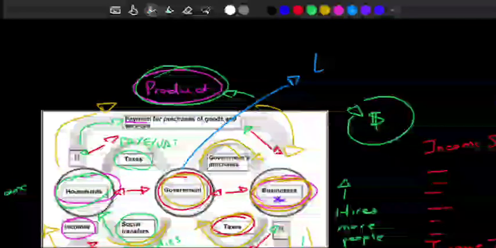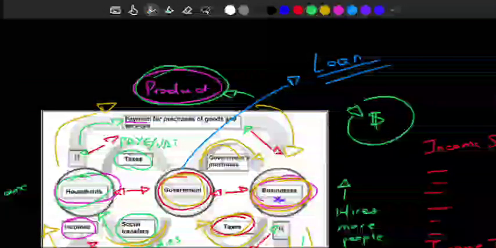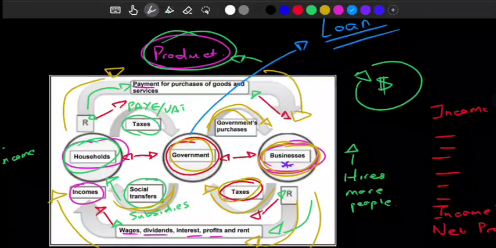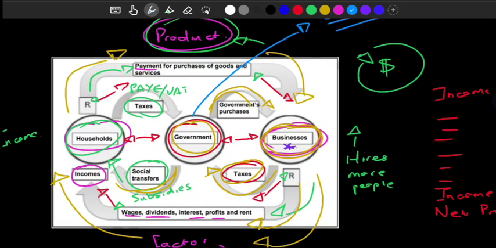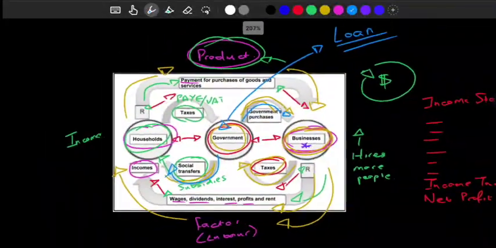Government goes outside and makes a loan to other countries and to the World Bank and everyone to help us to inject more money into our country, right? And when that money comes in, it then goes to tenders and all that, and social transfers, and then it builds up our economy once again, right? So that's how our circular flow model works.